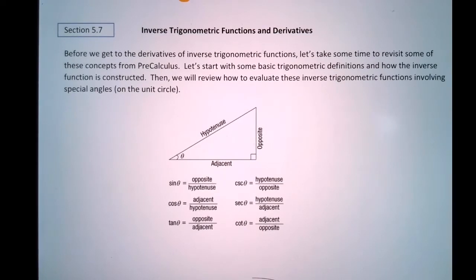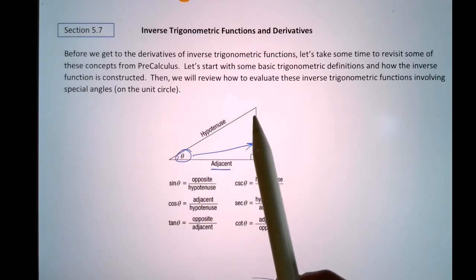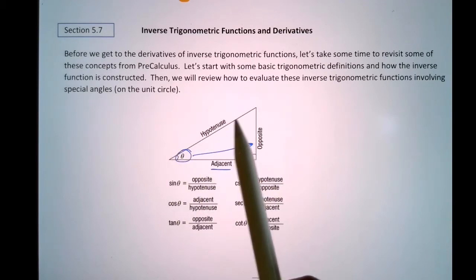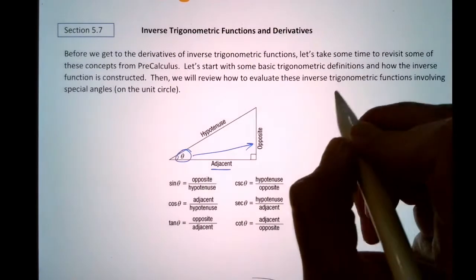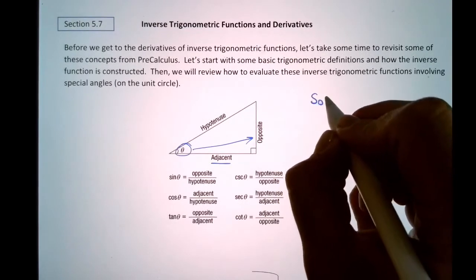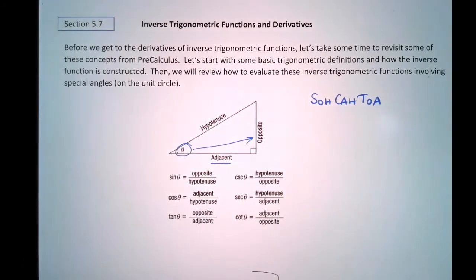So you know from your previous math classes that if you have a right triangle, here's our angle down here with theta. This is the side opposite, this is the side adjacent, and the hypotenuse is always the leg opposite the 90-degree angle. So this is your right triangle trig. Maybe your earlier teacher used the mnemonic SOHCAHTOA to remember your relationships with sine, cosine, and tangent.